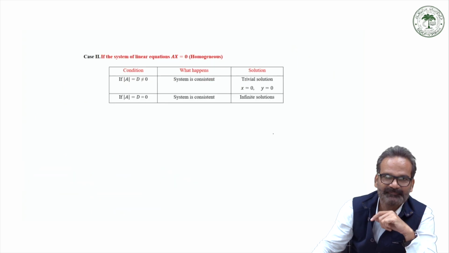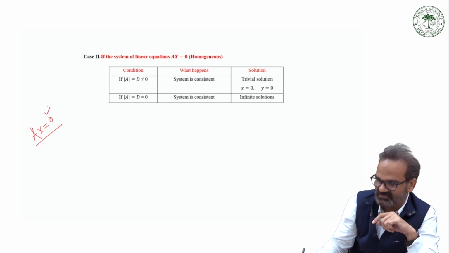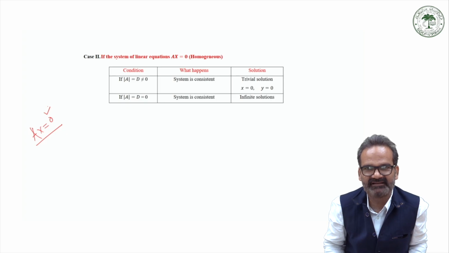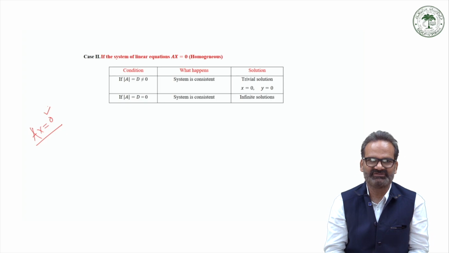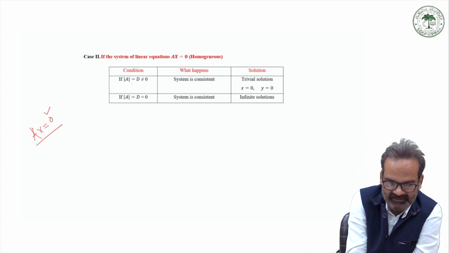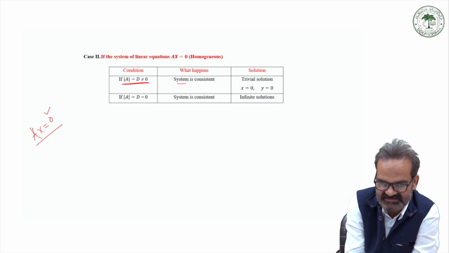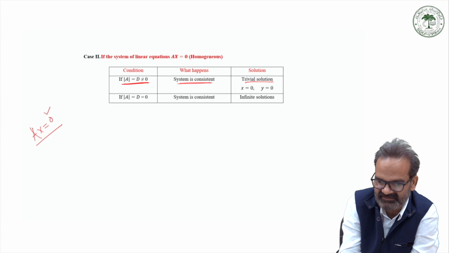Now likewise, this is the case of the homogeneous system, meaning AX equals to 0. AX equals to 0 means when the right hand side, that is B, identically vanishes, B becomes 0, then the system becomes homogeneous. So here, if the determinant of A is not equal to 0, then the system is consistent and it has a trivial solution.